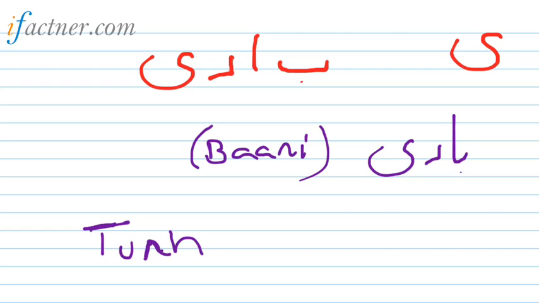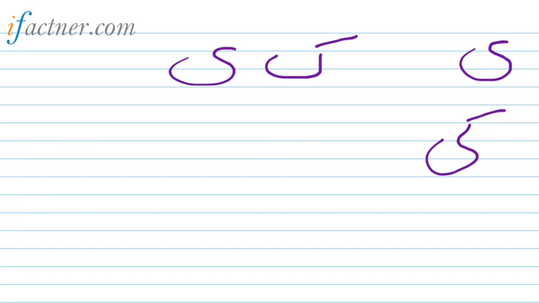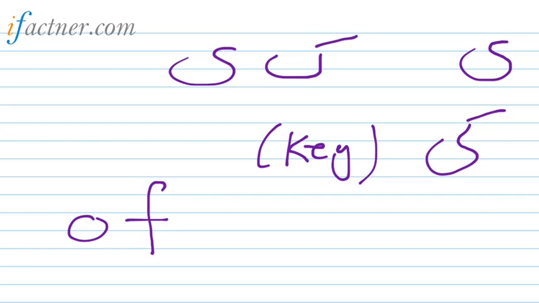It's my turn. There is another word, ki: kaf, choti ye, ki. It is written like this, and ki means of. Iski bari, his turn, turn of his. So ki means of.